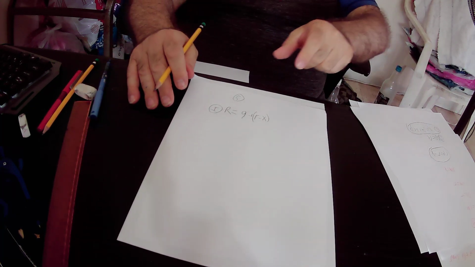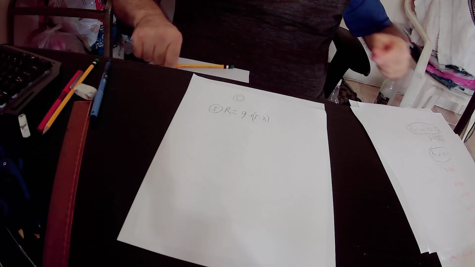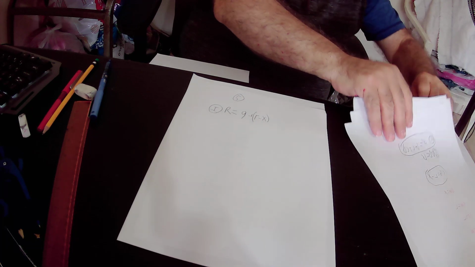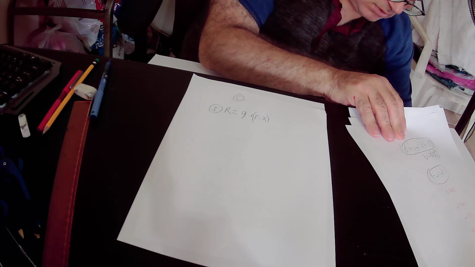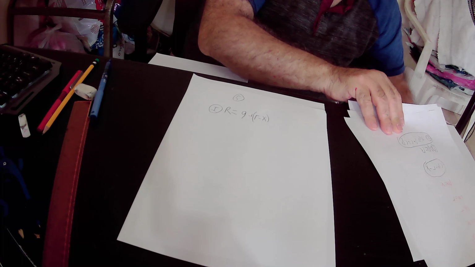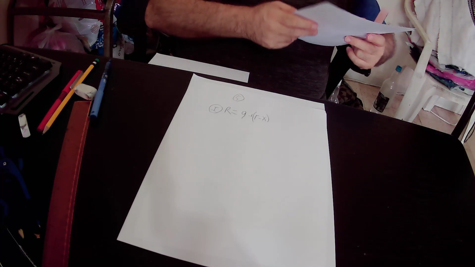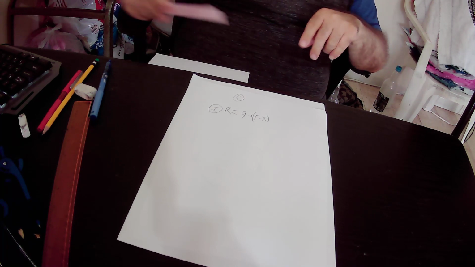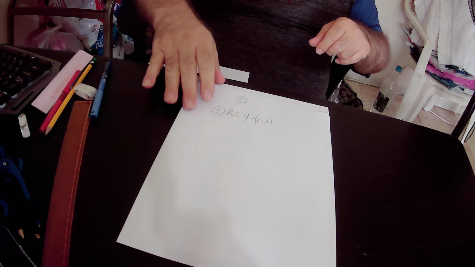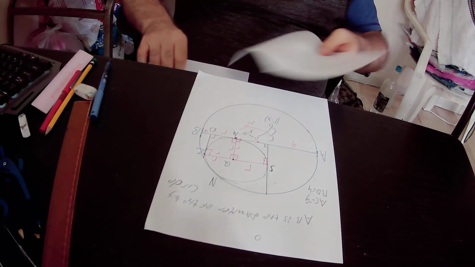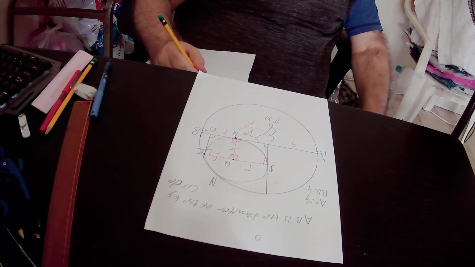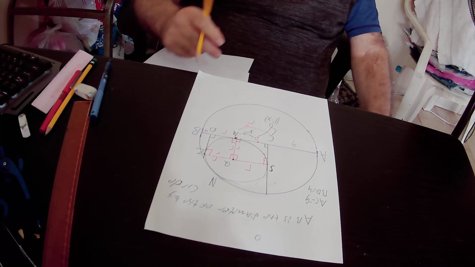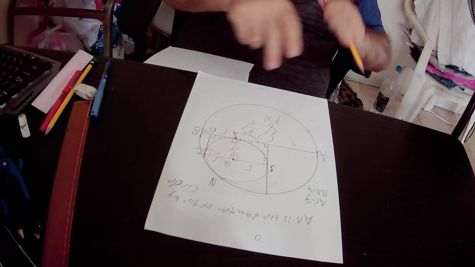It is equal to 9 plus small r minus x. Okay, that is the radius of the big circle. But we have another way to calculate the radius of the big circle, because the radius of the big circle is actually equal to PB.